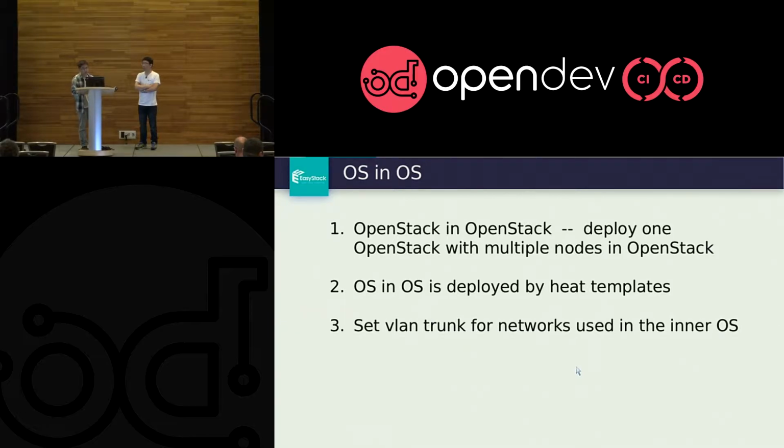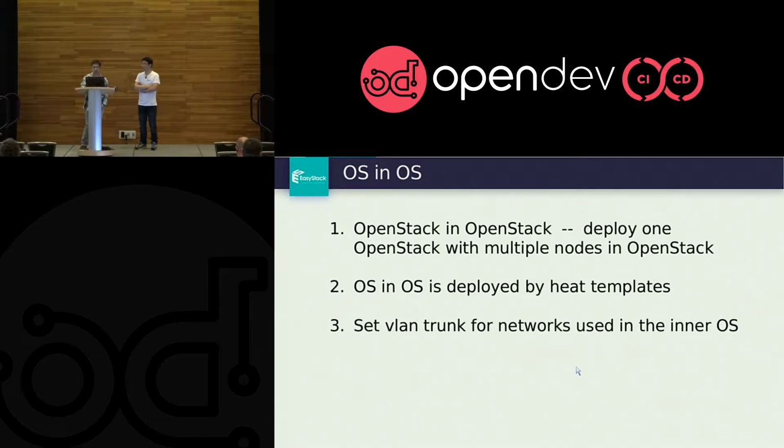The main difference of OS in OS with DevStack is that we try to build the same environment just like what we released, to check that all the code is running as we expected in the customer environment. So this is the main difference, and this is why we built the OS in OS in our test environment.